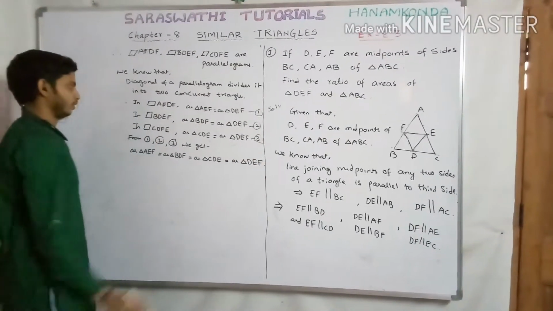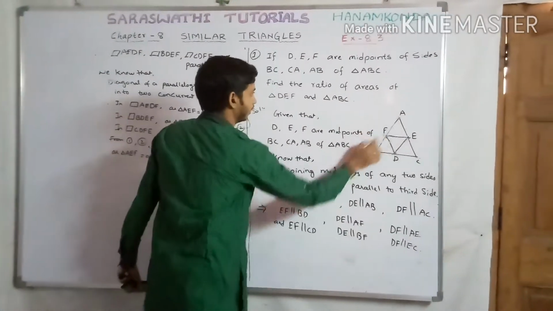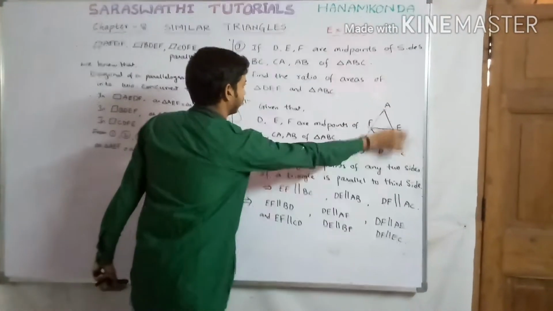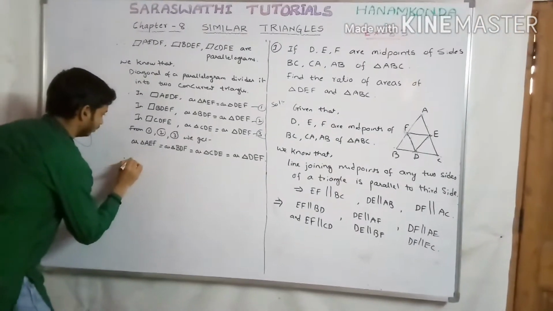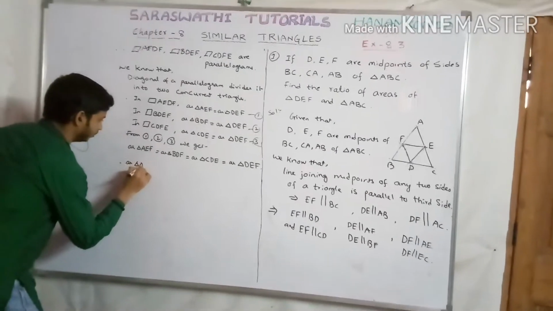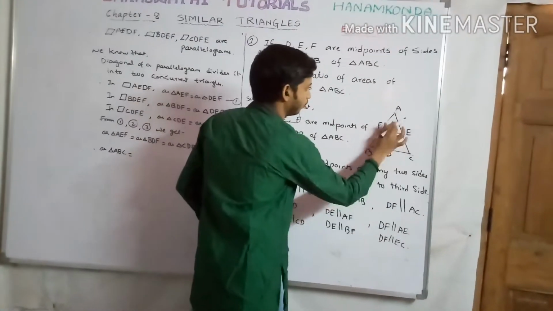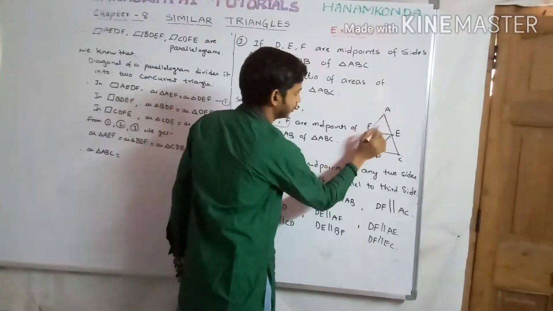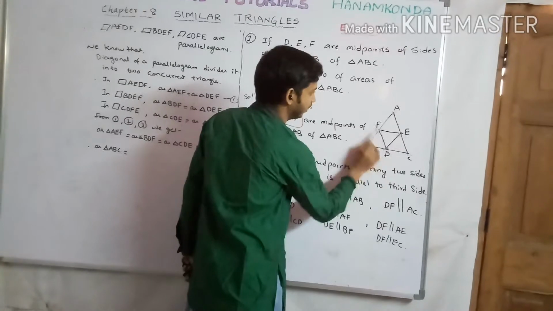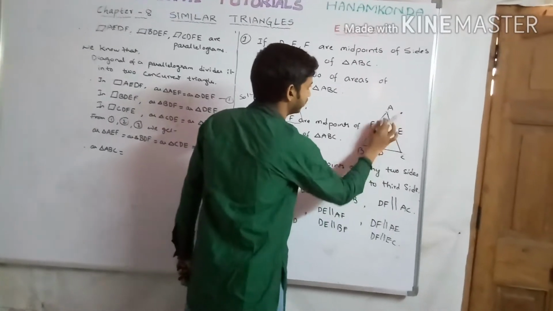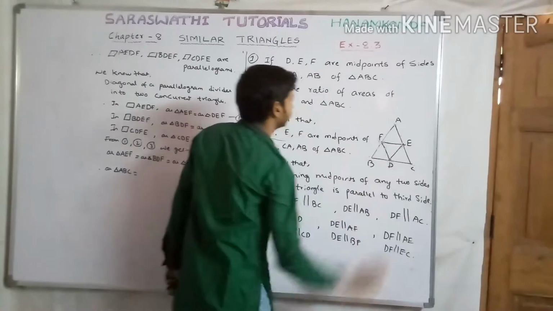Okay, so now consider area of triangle ABC, that means area of the whole triangle. Since triangle ABC consists of 4 triangles, AEF, BDF, DEF and CDE, if we add the areas of all the 4 triangles, it will be equal to the whole triangle.